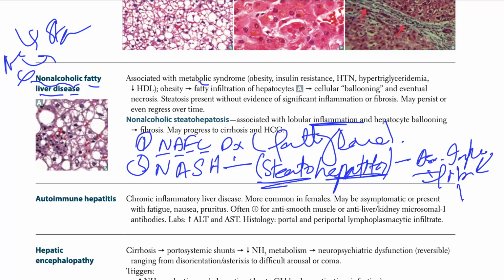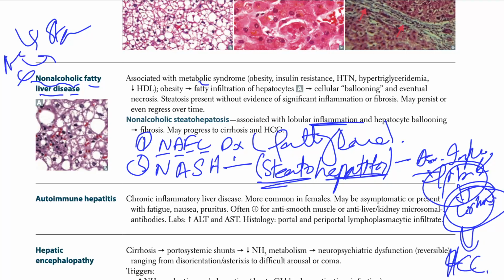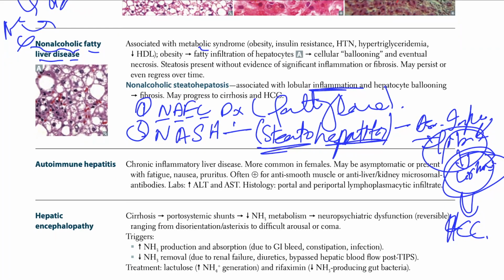Because the inflammation caused fibrosis, that fibrosis led to cirrhosis, right? And whenever you have this cirrhosis, it can potentially lead to formation of carcinoma, HCC. Okay. So, yes, that's pretty much for non-alcoholic fatty liver disease.